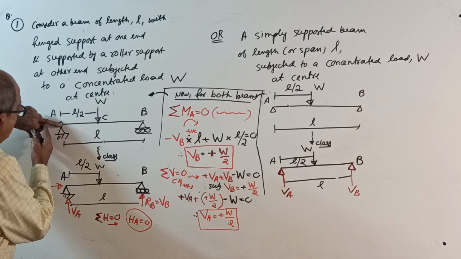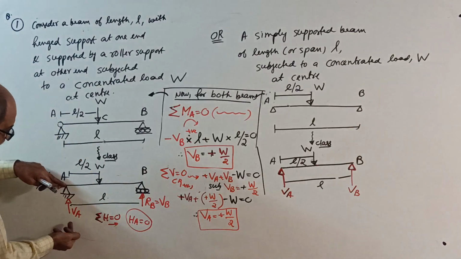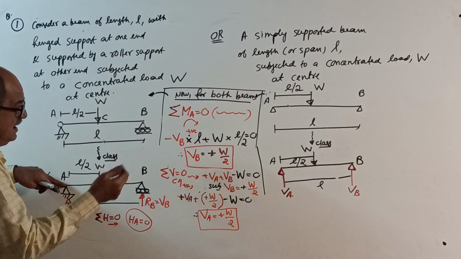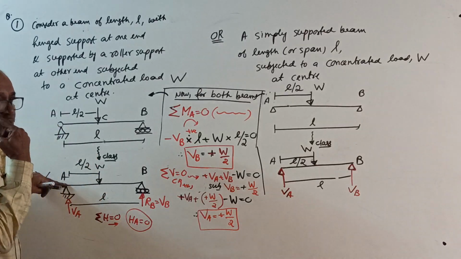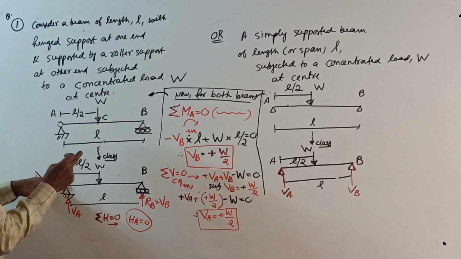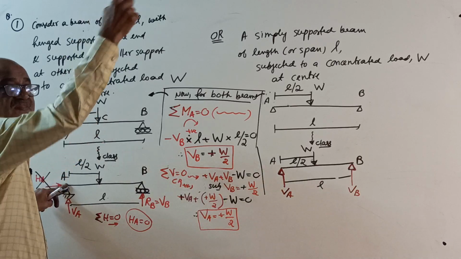When I take moment about A, VA into 0, don't write it. When you take moment about A, you get the other side reaction.